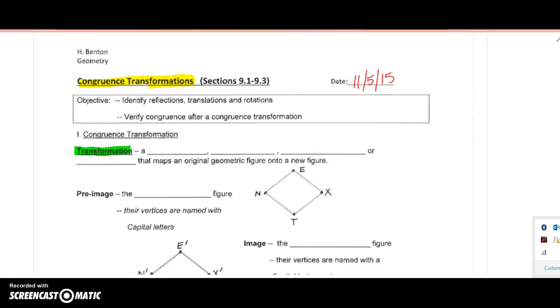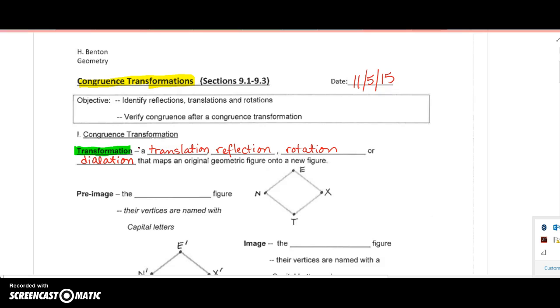You change it somehow. So the different ways we can move it are called a translation, a reflection, a rotation, and then the last one, a dilation. Alright, so you've heard of some of these before.